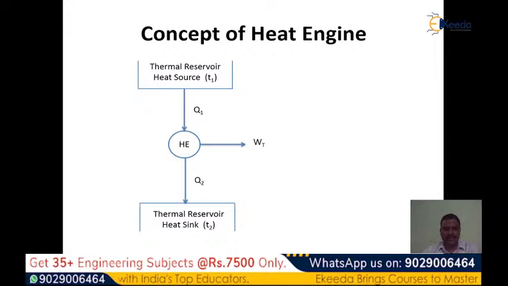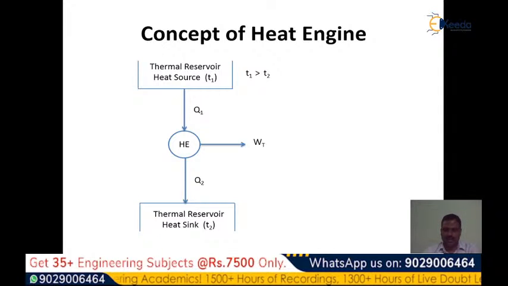And here the temperature of the source is always greater than the temperature of the sink, so heat spontaneously flows from a reservoir at higher temperature to a reservoir at lower temperature.